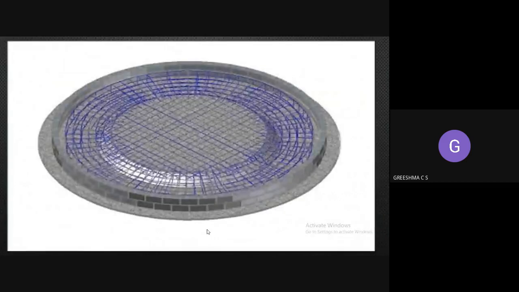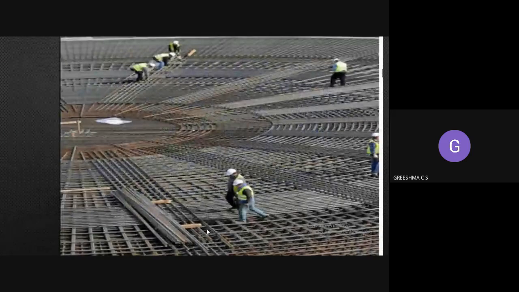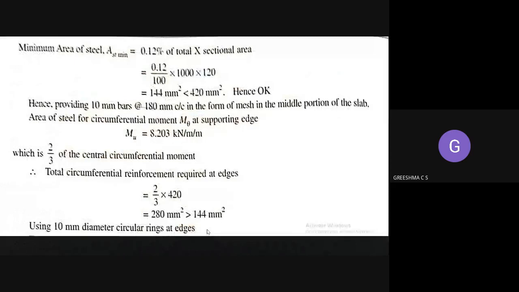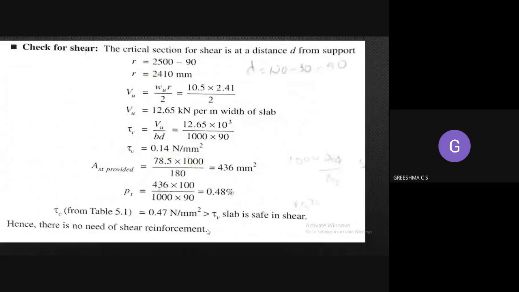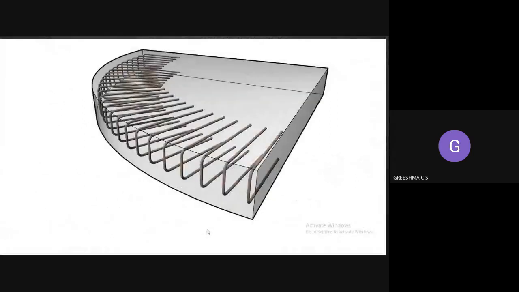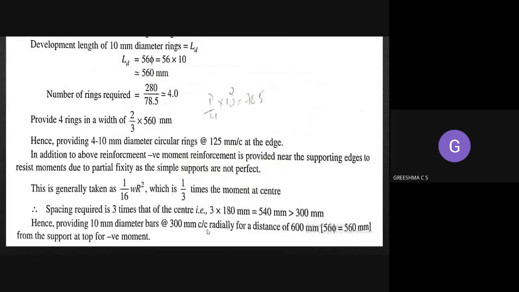This is what we are doing: we have to find the depth of the section. After that, we find all the bending moments, and using the bending moments, we determine the reinforcement details of the circular slab. For the circular slab, we are giving the reinforcement in two patterns.